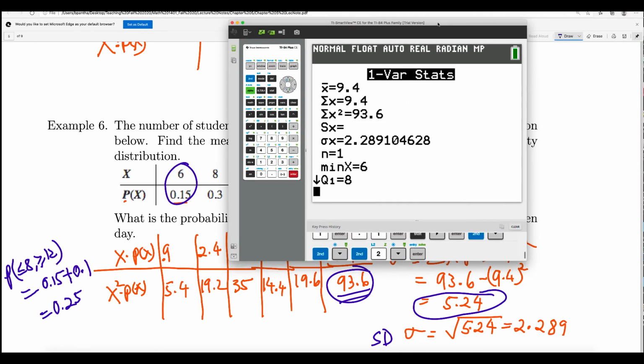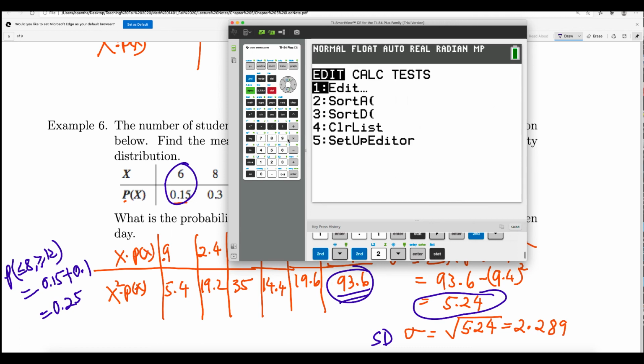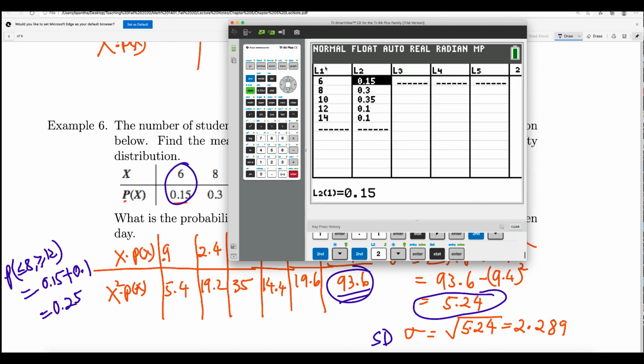This is the exact method you did in chapter 2 to find the mean or standard deviation. Again, you go to STAT and then Edit, hit enter, and in L1 you enter the x values. In L2 we used to enter the frequencies, but here we don't have frequencies, we have probabilities, so you enter the probabilities in L2.